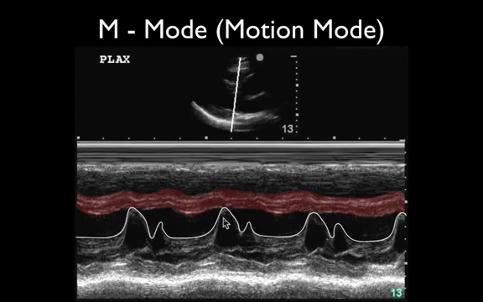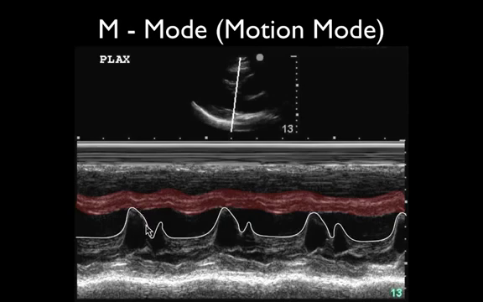I'll bring up in particular, since we're looking at this, the EPSS, or endpoint septal separation. What you're seeing is the relaxation phase. As the heart finishes systole and is in early diastole, the mitral valve leaflet relaxes, lets in a large amount of blood, and that causes the mitral valve leaflet to hit the wall.